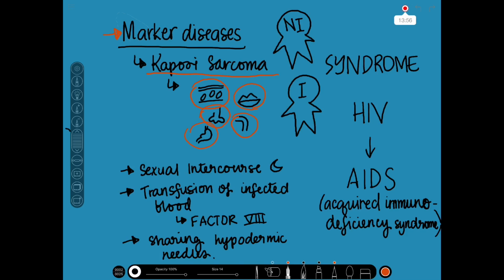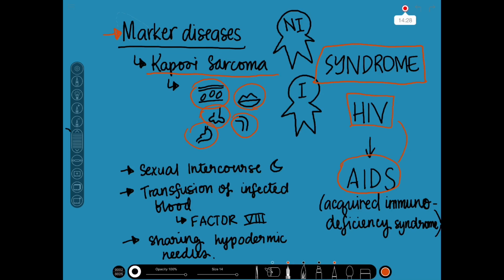Having several diseases or conditions is called a syndrome. And when that syndrome is due to HIV being present, the patient is said to have AIDS. AIDS stands for Acquired Immunodeficiency Syndrome.